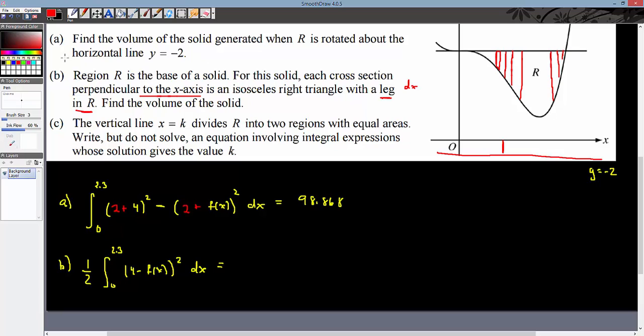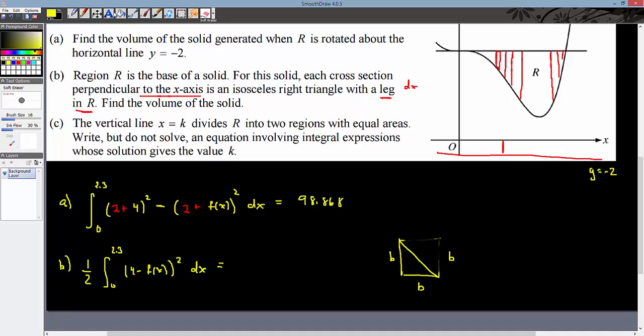Now, how did I get the 1/2? A number of different ways you could do that. Well, we know that the area of a square is base times height. And in this case, the base and the height are equal. Now, if I make this an isosceles right triangle, what I'm doing is I am cutting off this half of the square.